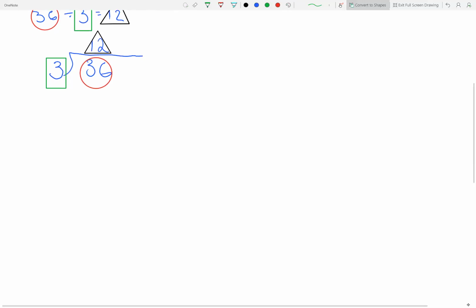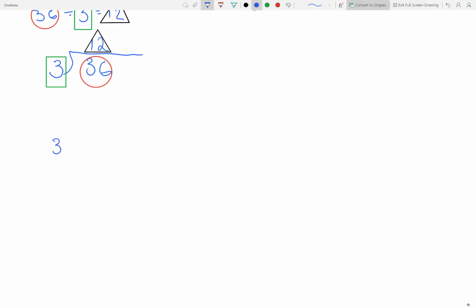So using long division, you're using this format here to write out your problem. So for example, we can have 123 divided by 3.